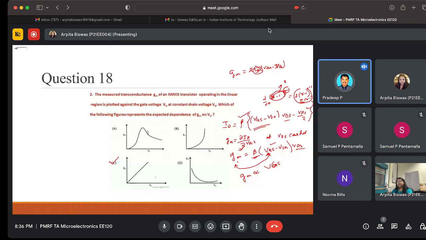If you substitute from the current equation, we get three types of equations for GM.